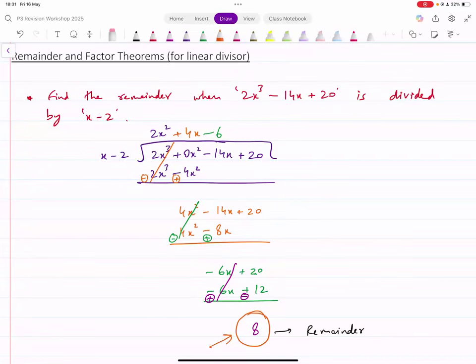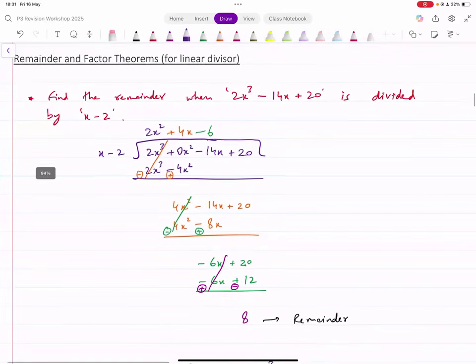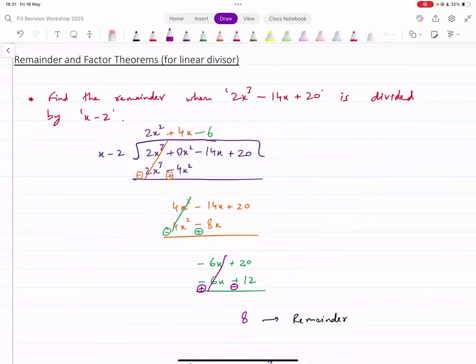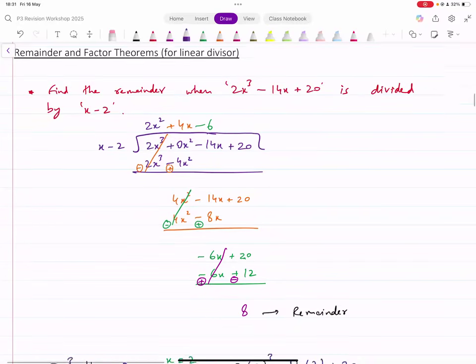That turns out to be 8. However, when the divisor is linear, as in this case, linear means the maximum power of x is 1. In that case, we can use something that we call the remainder theorem to find the remainder quicker. If you only need the remainder and not the quotient, we can use the remainder theorem in case of linear divisors.